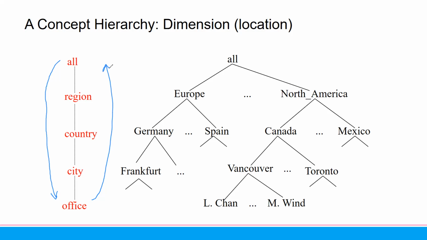At the top is the generalized level, and if you go down, maybe you will get the continent. If you go to the next level, you will get the country, and the next level, the city. And if you get to the details, you will get the name of a person who is in that city.